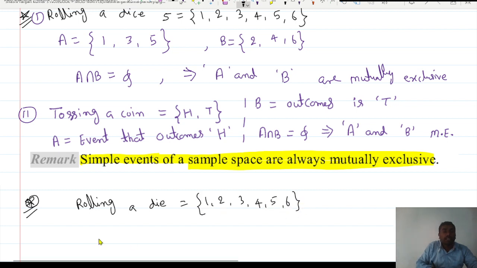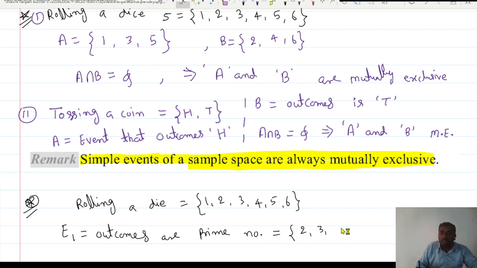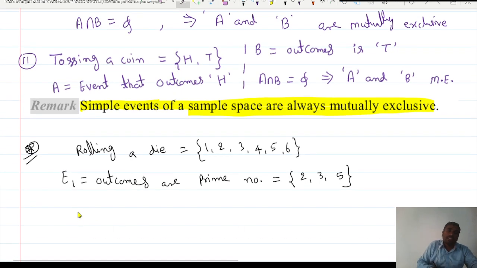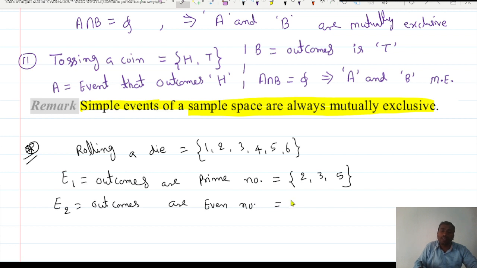Now let us suppose E1 is the event that the outcomes are prime numbers. What are the numbers? They are 2, 3 and 5. And suppose E2 is another event, that the outcomes are even numbers. Here you can clearly see the even numbers are 2, 4 and 6.